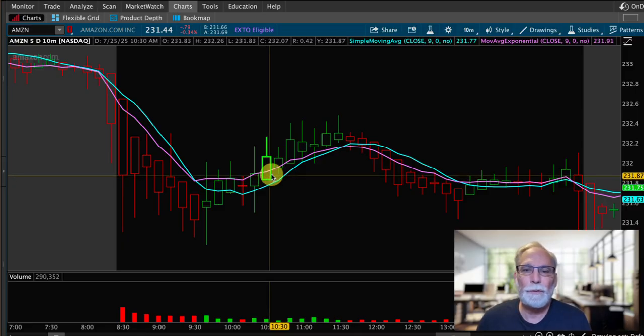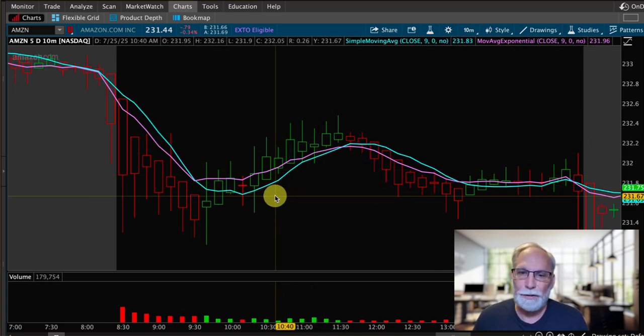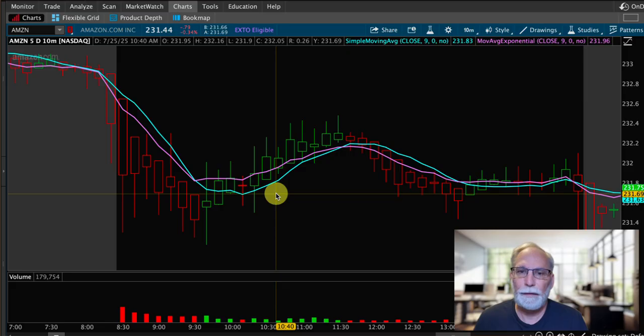So 231.85 versus 232.21. So you're looking at roughly a 40 cent difference a share. So the EMA is essentially signaling, if you're looking at buying one candle fully above the line, to buy this stock 40 cents earlier than the SMA line.